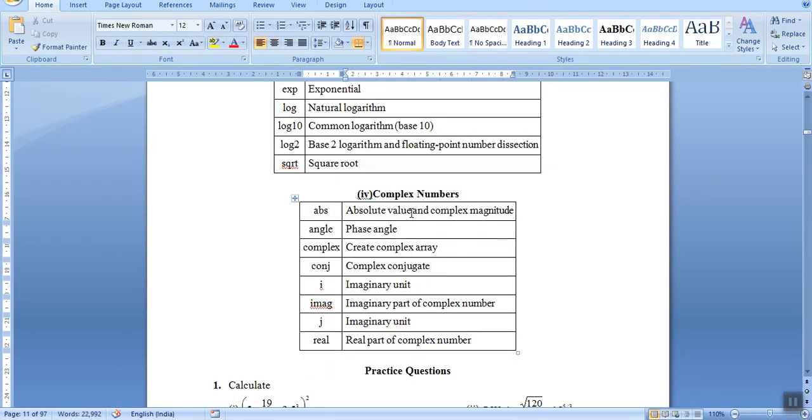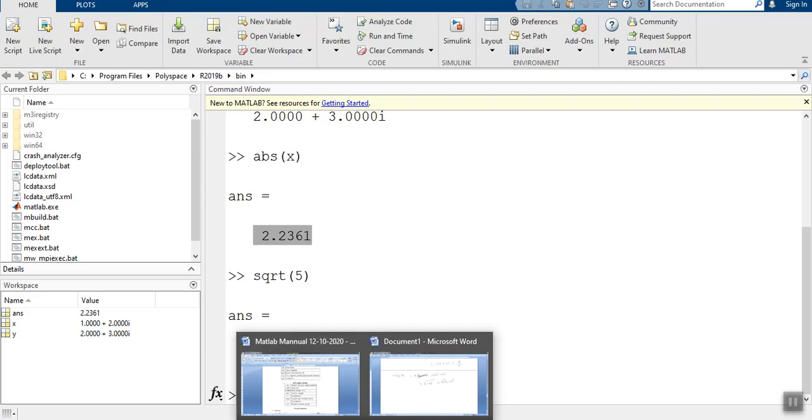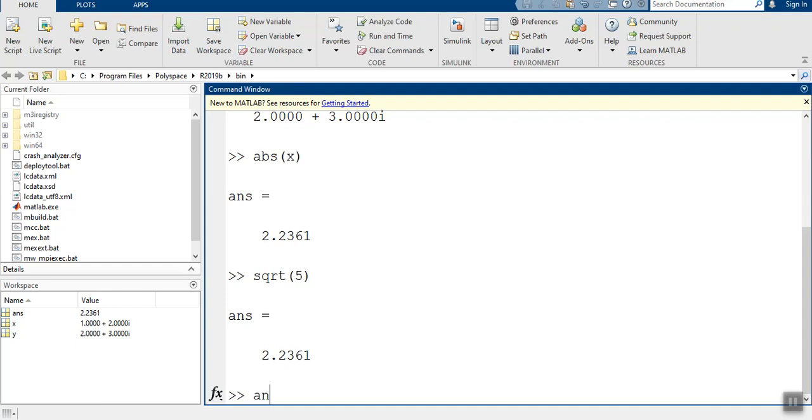Now the angle, the phase angle. So theta equals tan inverse of b by a, using the formula. So ANGLE, angle of x, the complex number.